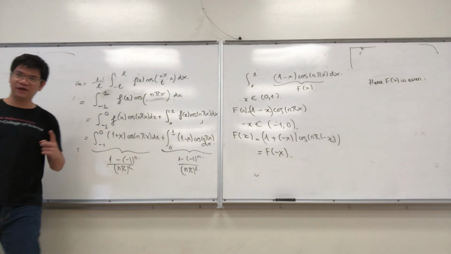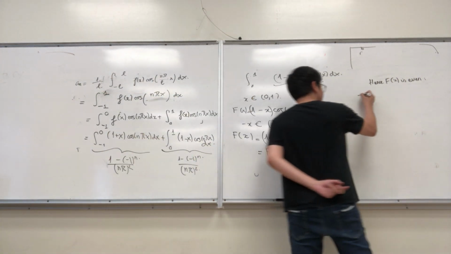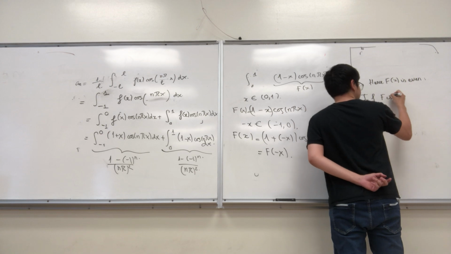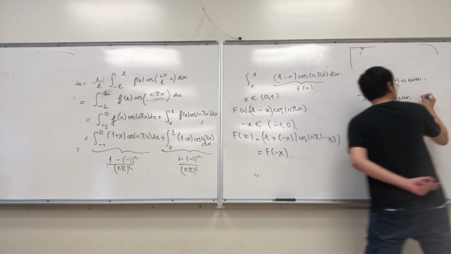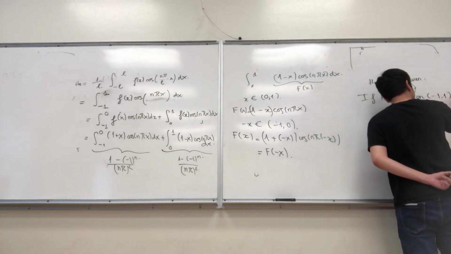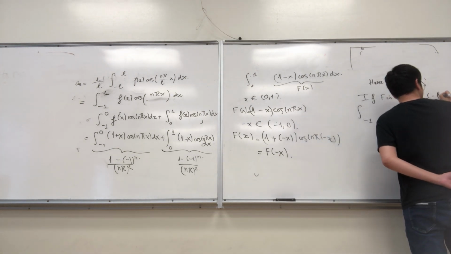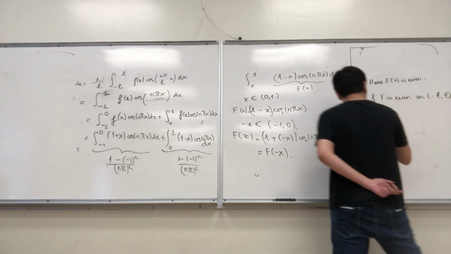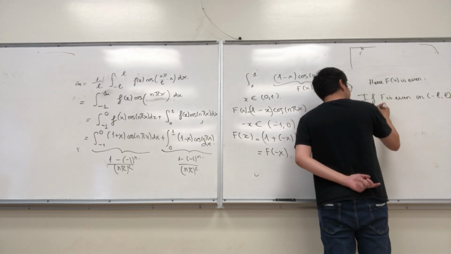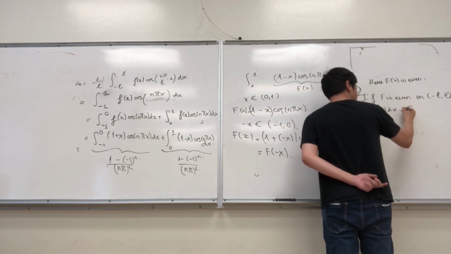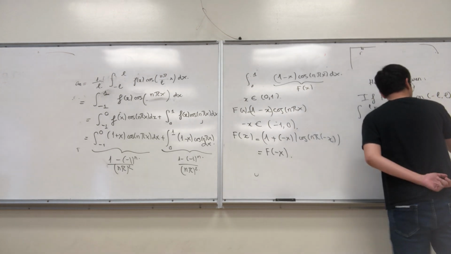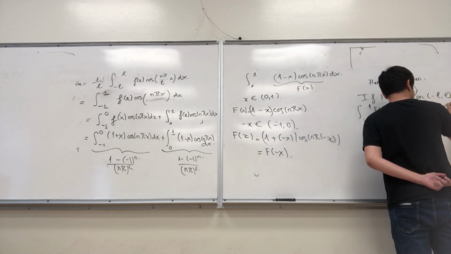So I recall to you that if f is an even function on minus L to L, the integral from minus L to L of f of x dx will be 2 times the integral from 0 to L of f of x dx.